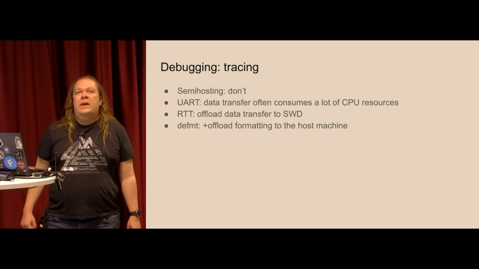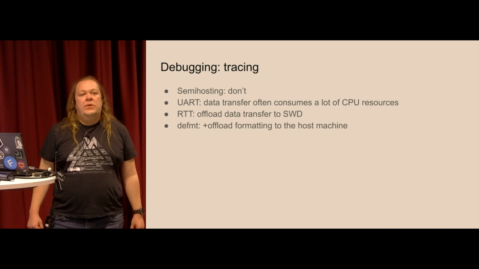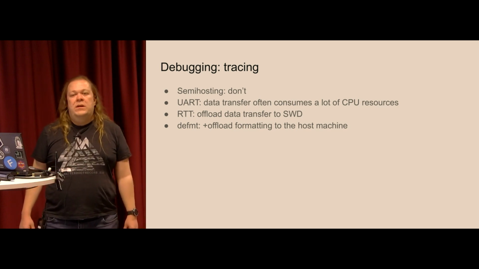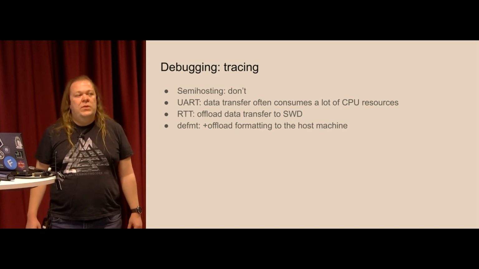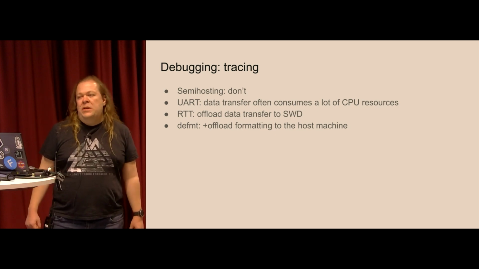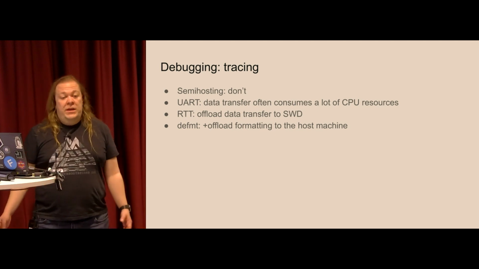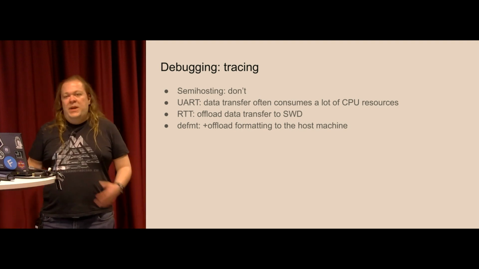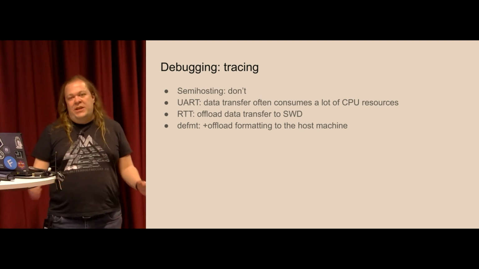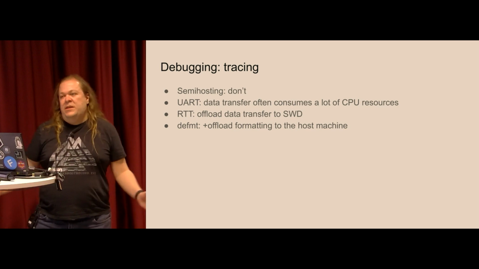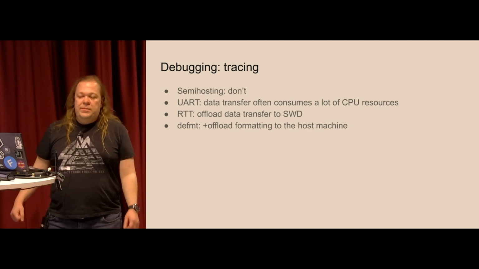RTT is a thing, I think, which comes from J-Link adapters, and it was initially for the C language, but in the Rust ecosystem we can have named things. So this may work with any adapter, not only J-Link, but whatever you want, like ST-Link, and with Rust, of course.